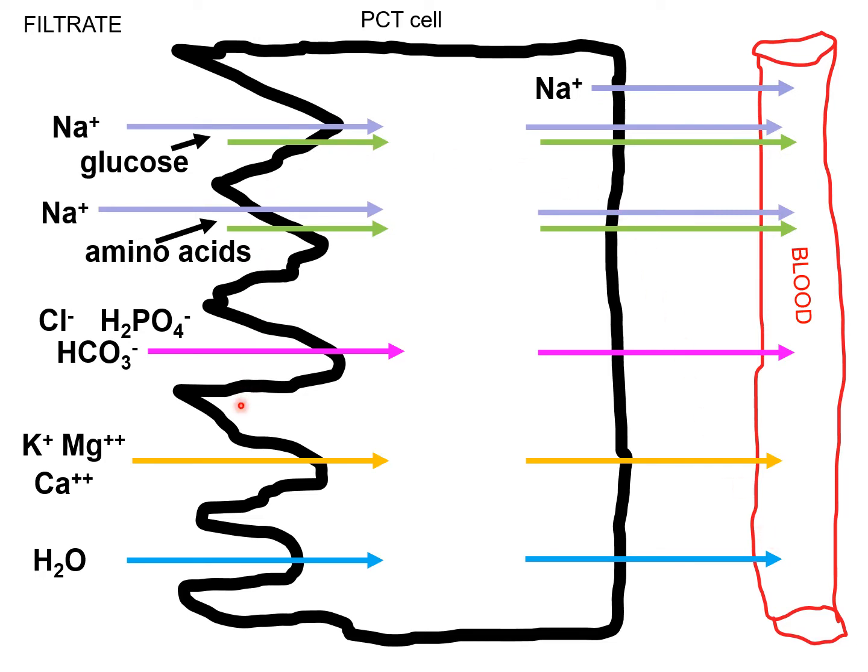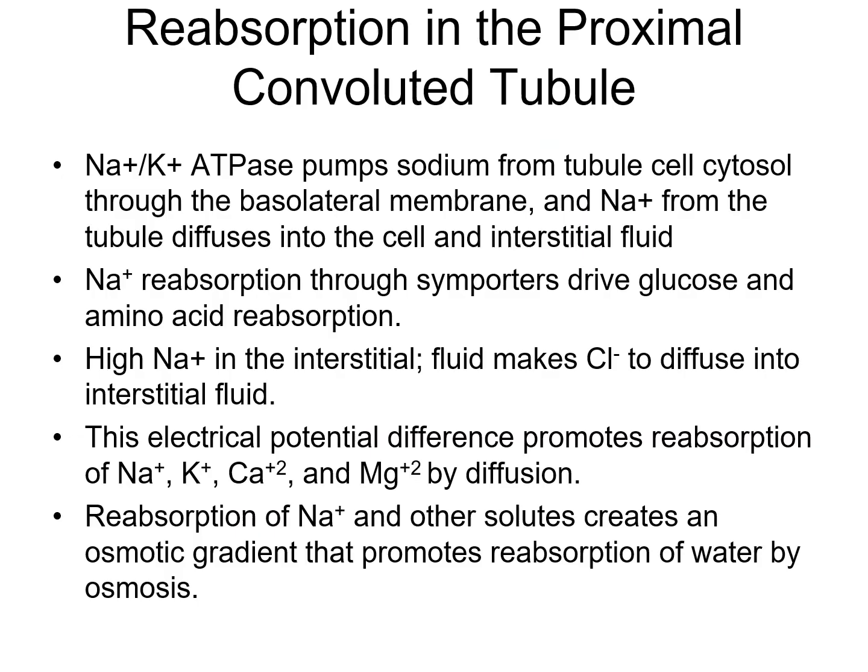Again, at least 2/3 of water, 70–90% of these ions, and 100% of amino acids and glucose are reabsorbed here in this early part of the tubular portion of a nephron, in the proximal convoluted tubule. This is just a text version of that sketch.